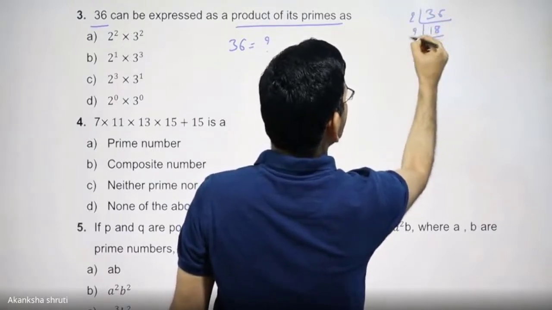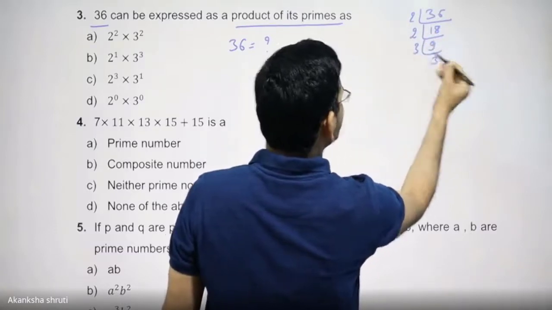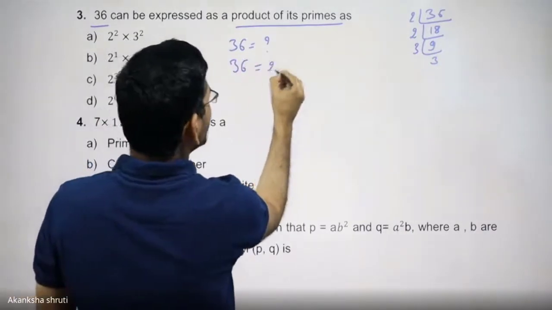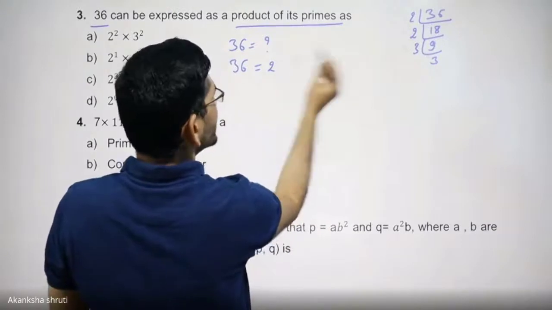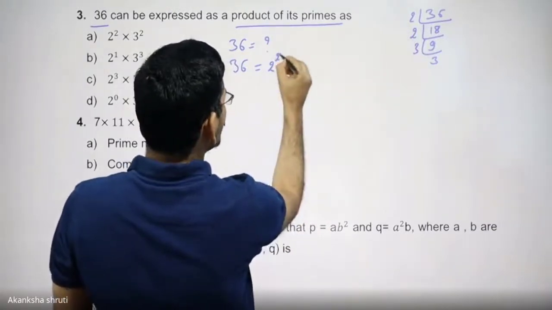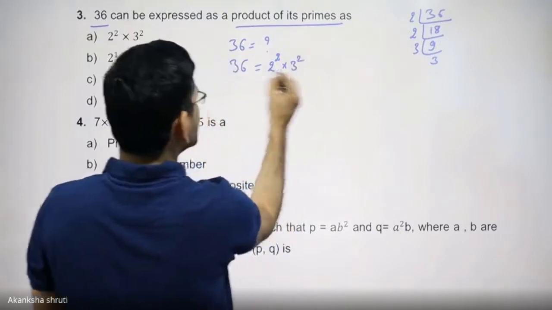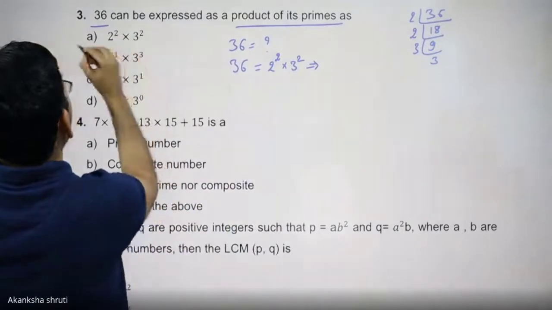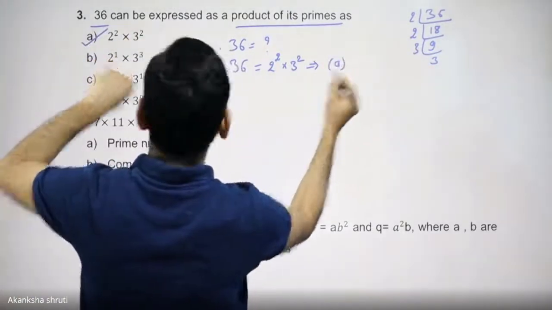The other 2, it becomes 9. The other 3, it becomes 3. Therefore, this 36 can be written as 2 into 2 into 3 into 3, but 2 is occurring 2 times, so 2 square into 3 square. So this is the required answer. Here we are getting, it is matching with option A. So option A is correct.